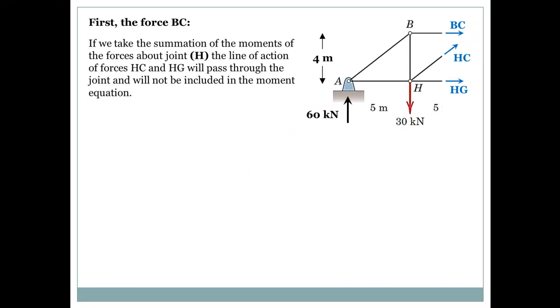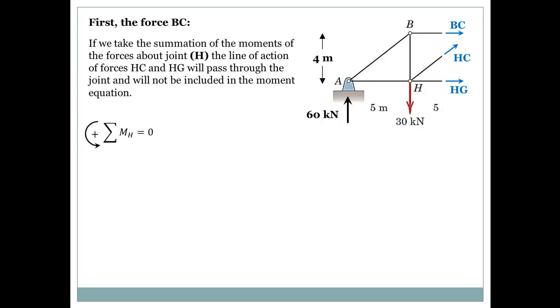If we take the summation of the moments about joint H, the lines of action of forces HC and HG will pass through the joint and will not be included in the moment equation.